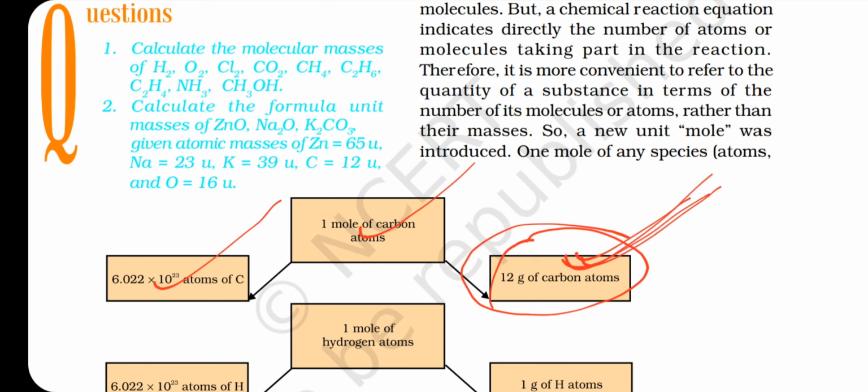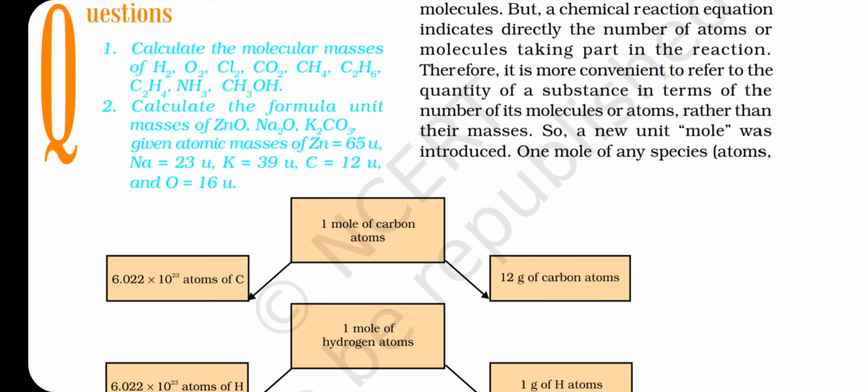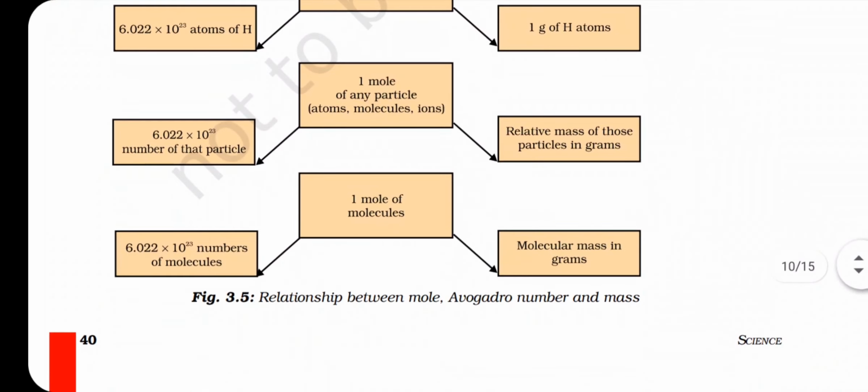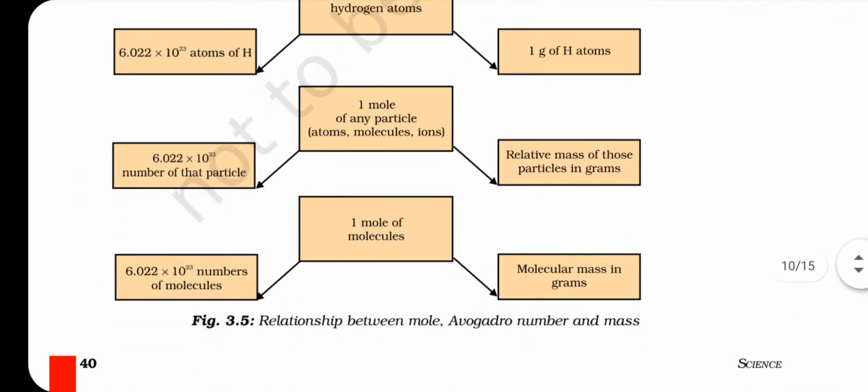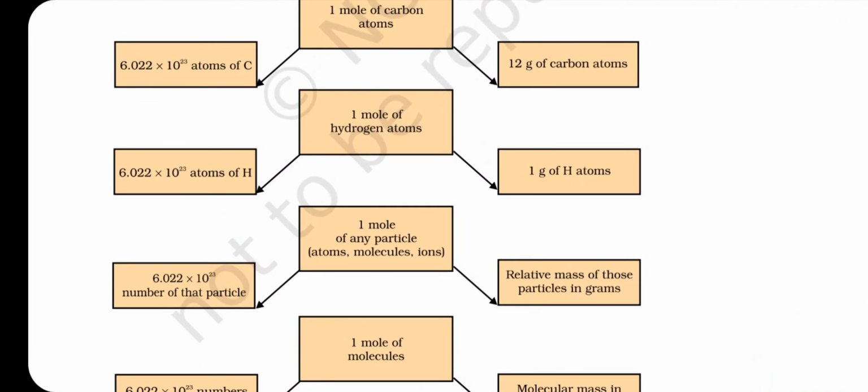Okay, but gram is not relevant in the chemical equation, so you have to take those moles. For that, mole is invented. So here is given the relationship between Avogadro's number, moles and the gram.